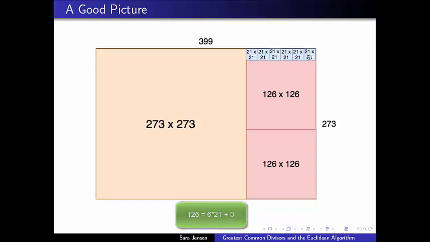And so I tile that little rectangular room with 21 by 21 tiles. I do the same for all of this space and this space and this space, and then my whole big room would be tiled with 21-foot tiles. So that's a good visualization of the iterative way in which this Euclidean algorithm works.